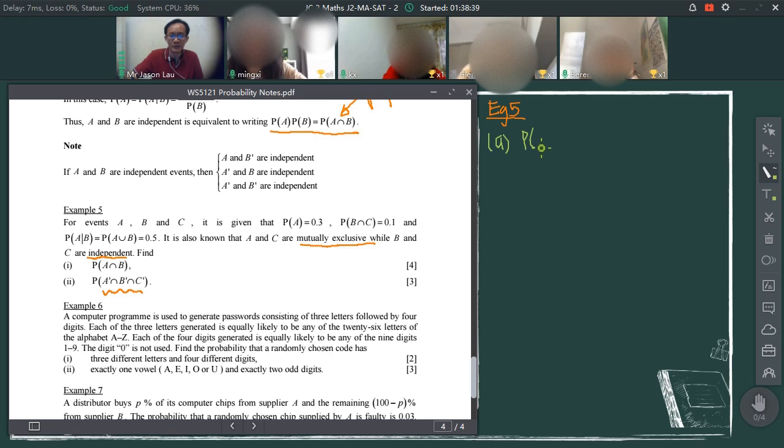Can we use this formula? So you can try what method you have to use to solve the problem.